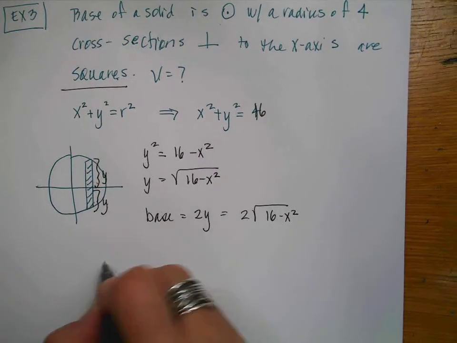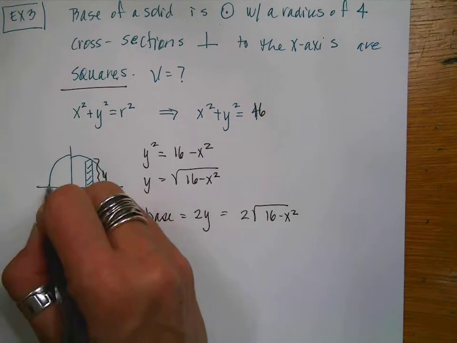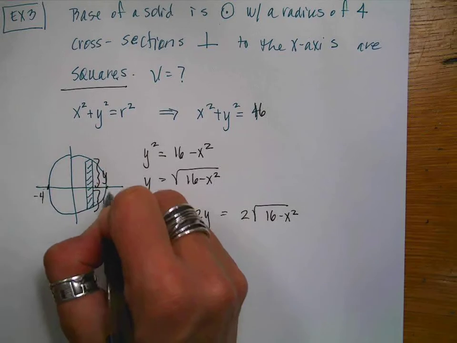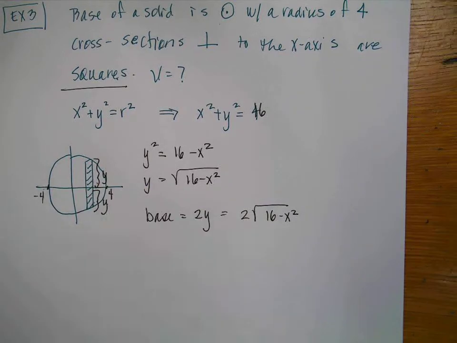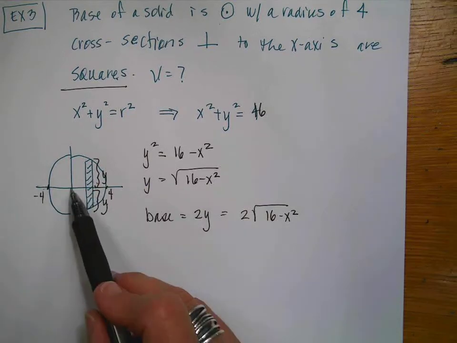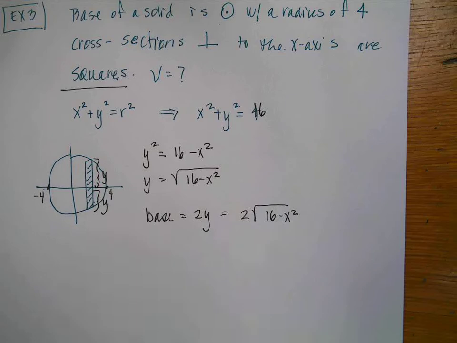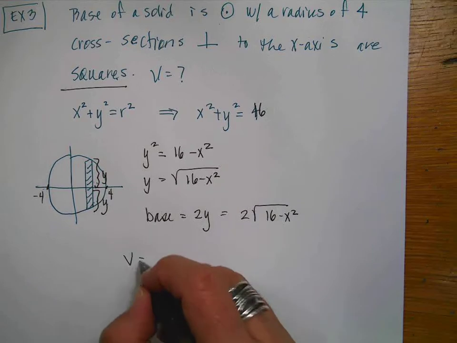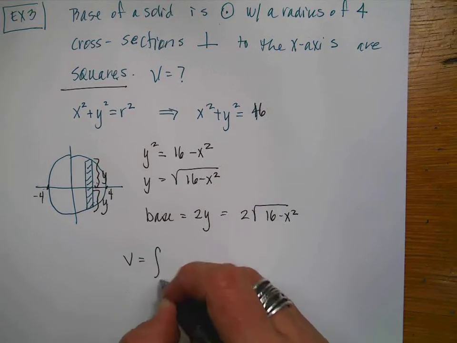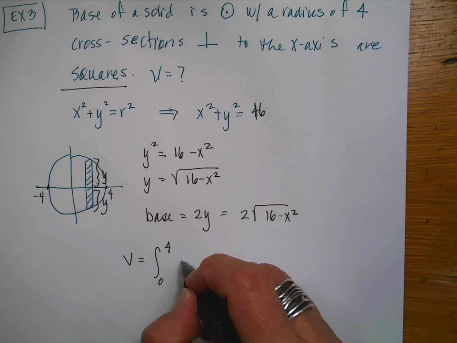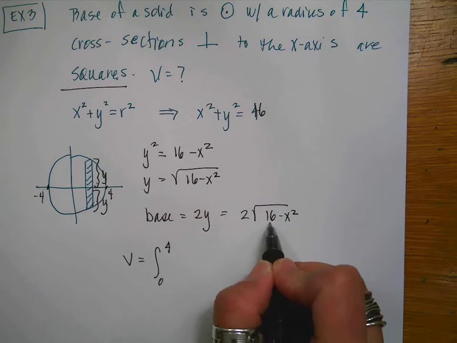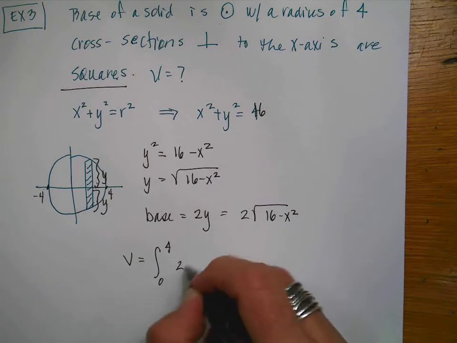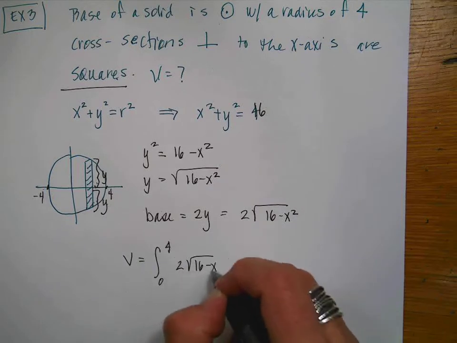They told us that our perpendicular cross sections are squares. So this is a negative 4, this is 4, okay? So I'm going to integrate just this half right here. I'm going to integrate that first piece. So the volume is equal to the integral from 0 to 4 of the base side squared.